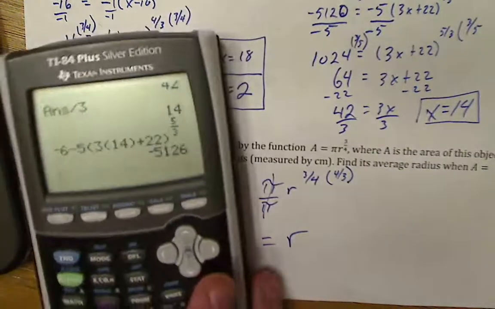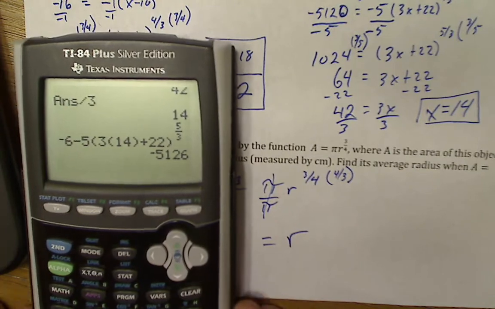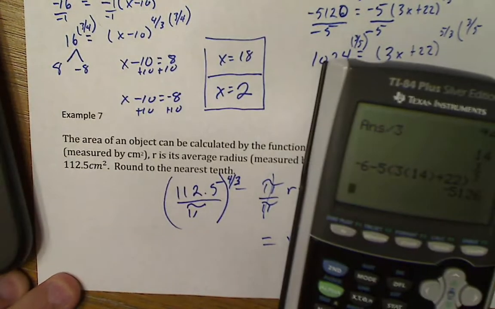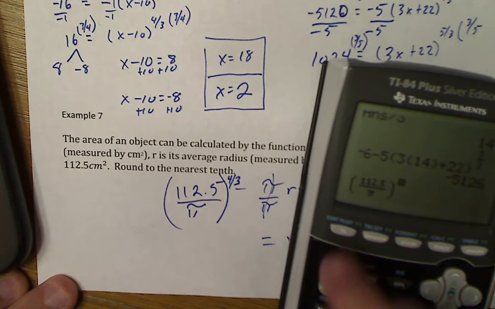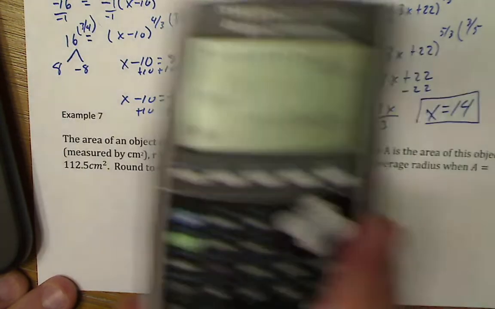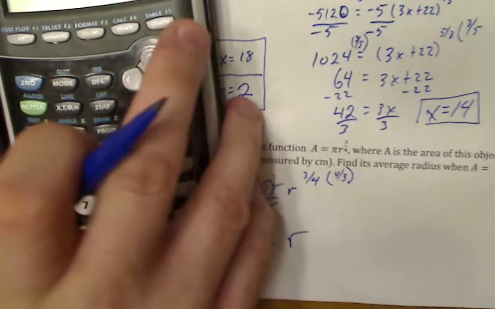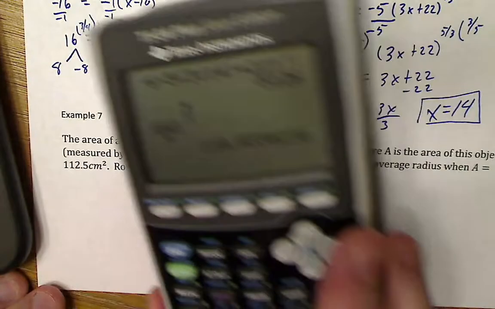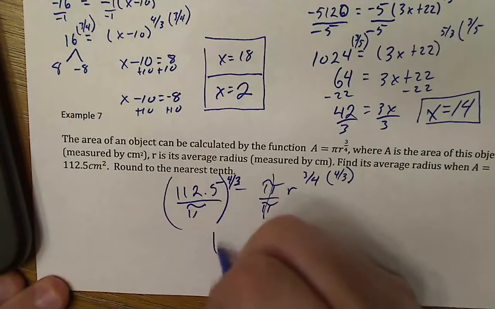So when I plug it in, I get 112.5 over pi raised to the 4/3 power. And I get the average radius is about 118. To the nearest tenth, in this case, 118.